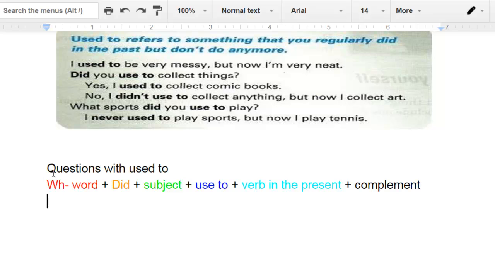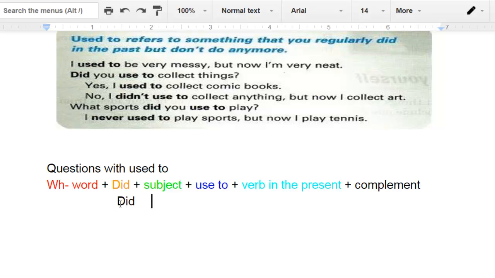We're going to try to make sense of the two questions that are here. As you can see, the first question is a yes or no question. And the second question, what sports did you used to play? That's an information question. That means that we have a WH word. So let's try to make sense of the first one first. The yes or no questions don't have a WH word and therefore start with did.